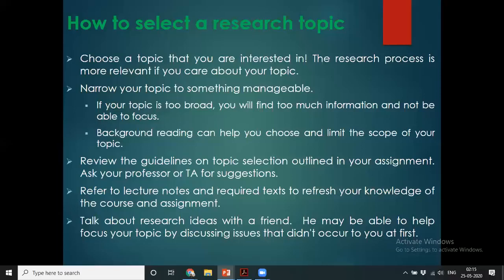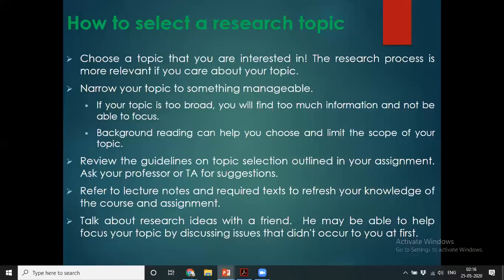Then, at the end, for selection of the topic, you can consult your friends, or your lab mates, or your seniors, if someone is working on a particular topic that is related to your area of interest. That fellow can help you if he has a good interest and good knowledge about that particular topic.